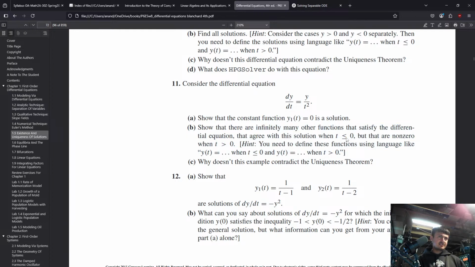but I don't know why this is less than or equal to. If t is equal to 0, then it should not be defined. We shouldn't be able to get a solution at that.